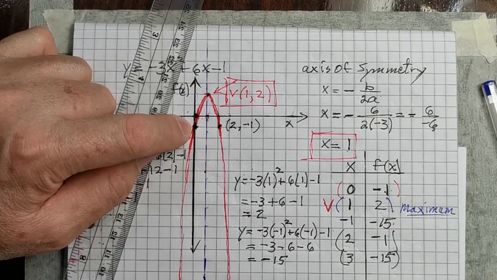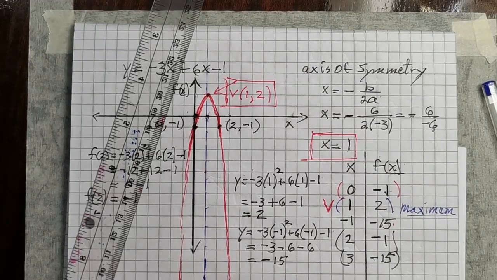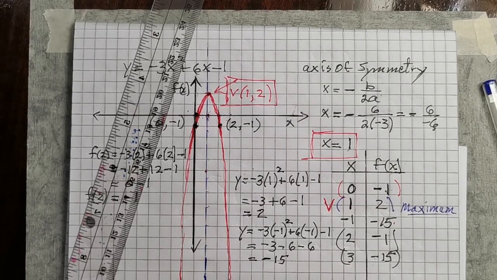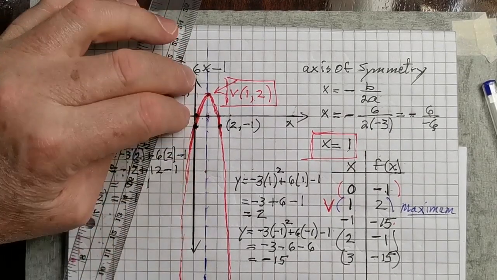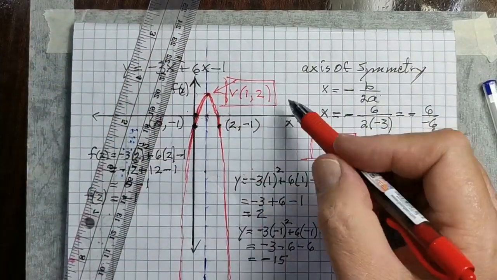0, negative 1. Now, here's the interesting thing. The y-intercept will always occur at the value of the function where x equals 0. Think about it. Here's our y-axis. You don't cross the y-axis unless the value of x equals 0.